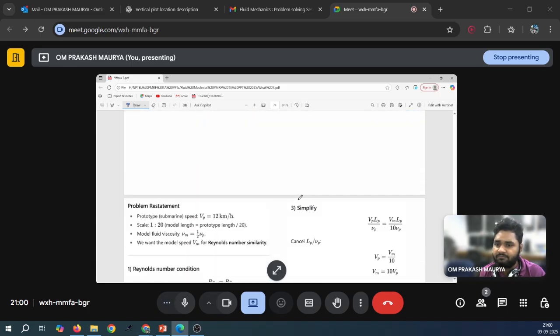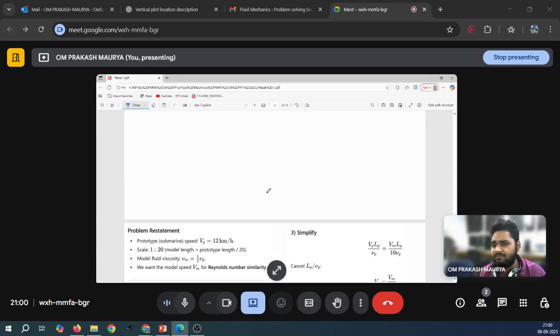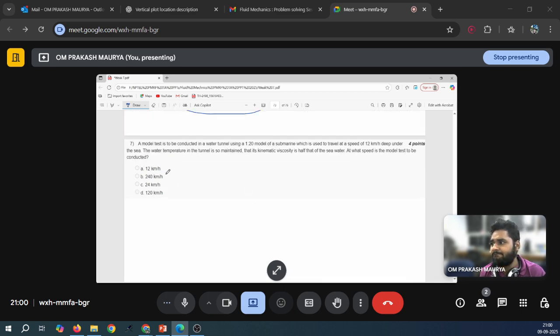Remember. The next question is the same. A model test is to be conducted in a water tunnel using a 1 is to 20 model of a submarine which is used to travel at a speed of 12 km per hour deep under the sea.